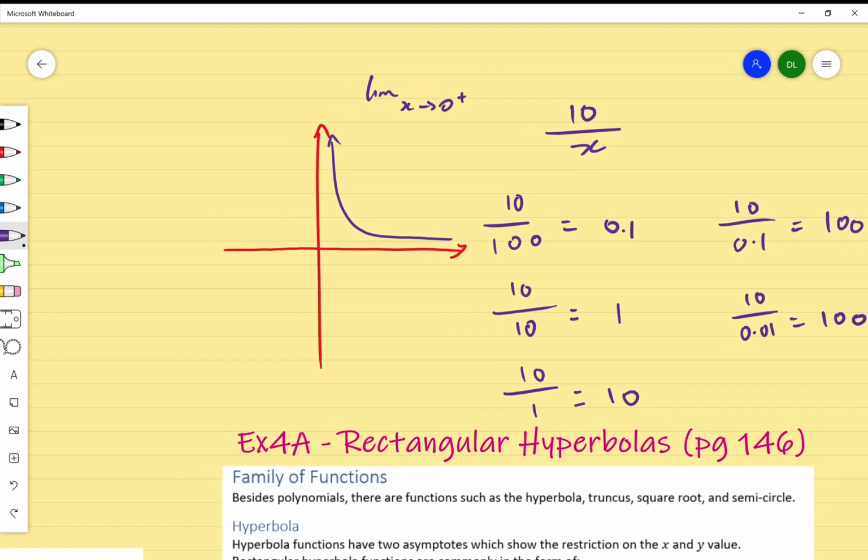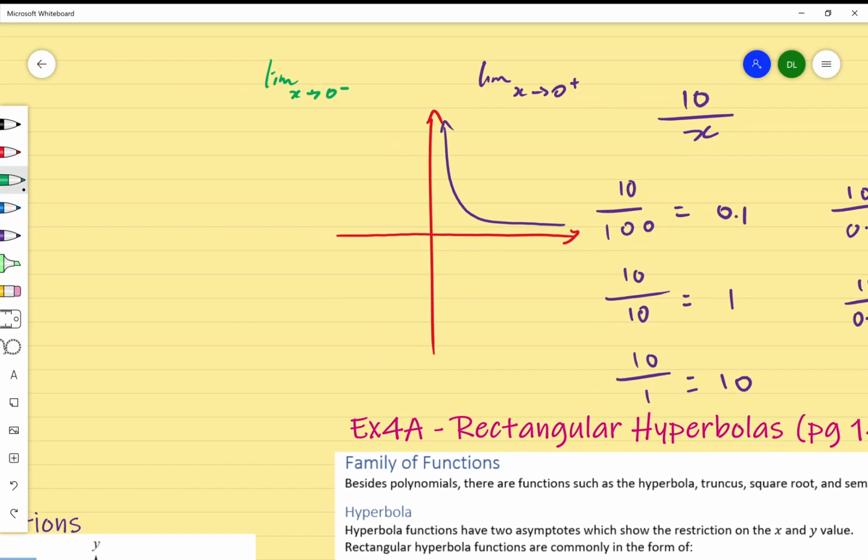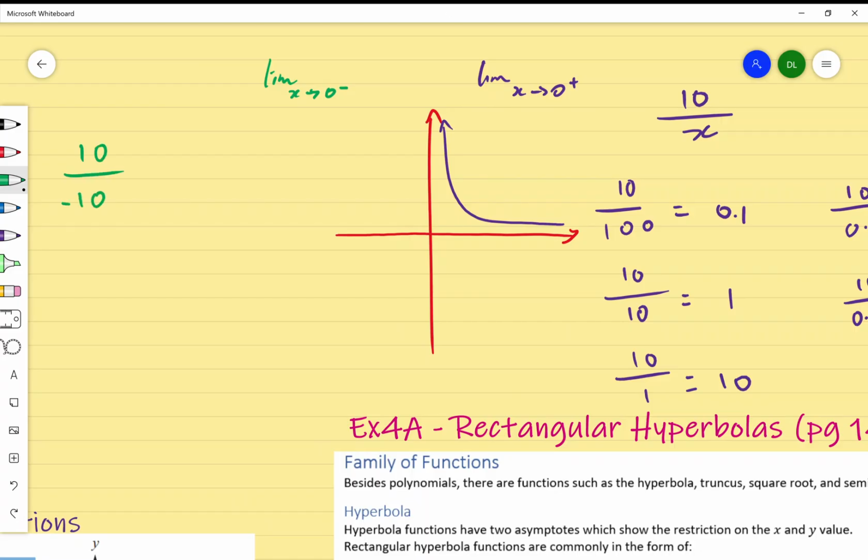We're applying our understanding of limits from our last topic. If I apply my limits as x approaches 0 from the negative side, you'll see something slightly different. 10 over negative 100 gives us negative 0.1. If I continue to provide a denominator that is closer to 0 but slightly less negative, we end up with negative 1, then 10 over negative 1 gives me negative 10.